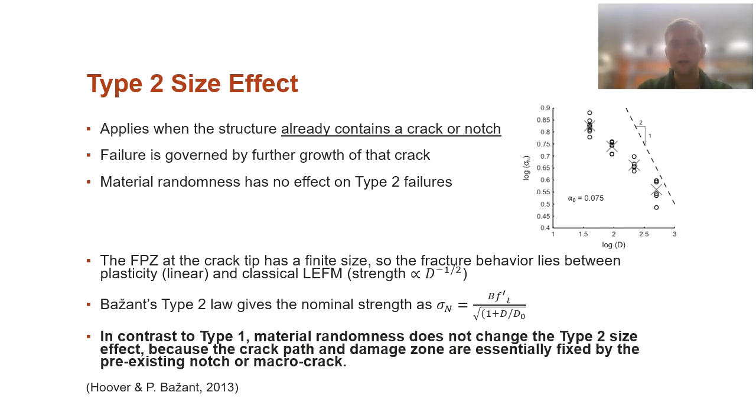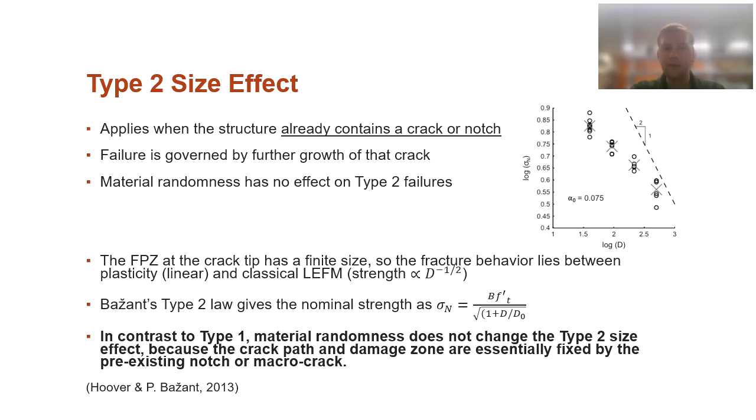And that could be because the sample is so small relative to that fracture process zone that it could have a chance to really affect the strength, because the structure is so small compared to this already pretty big fracture process zone in quasibrittle materials. So as the structure gets larger, the fracture process zone is then smaller relative to the structure, and then we can behave as an LEFM structure.